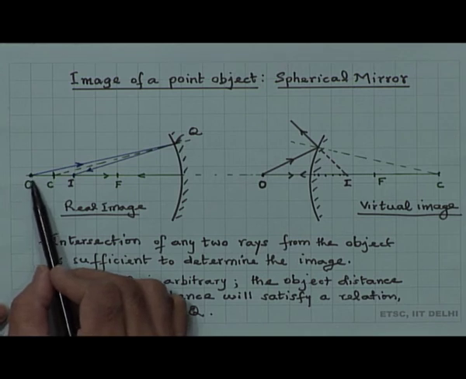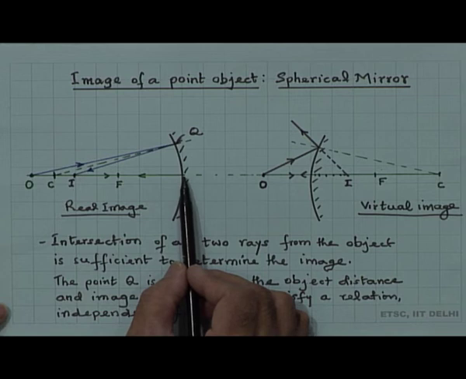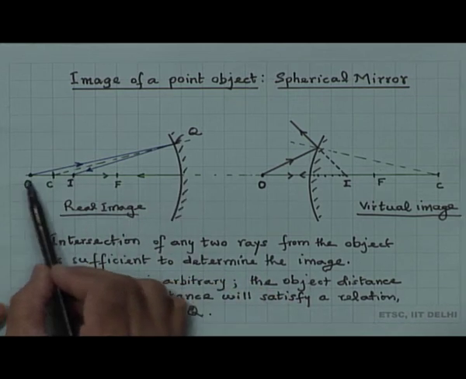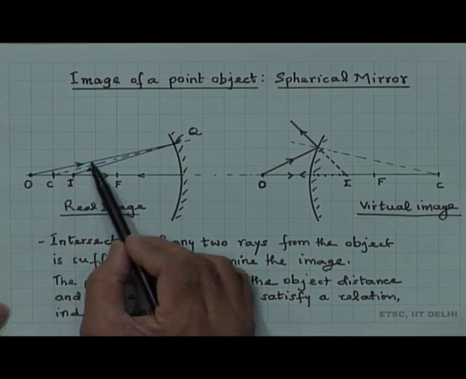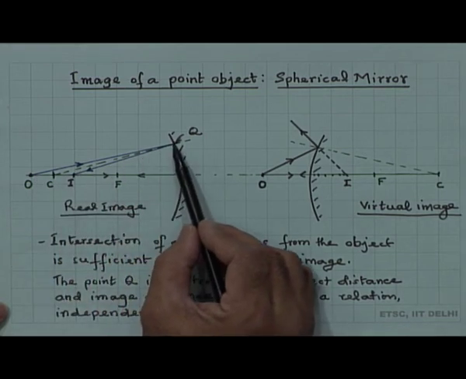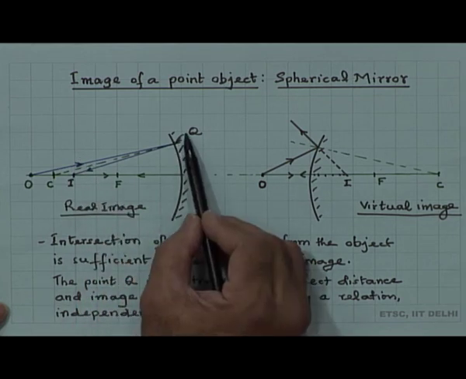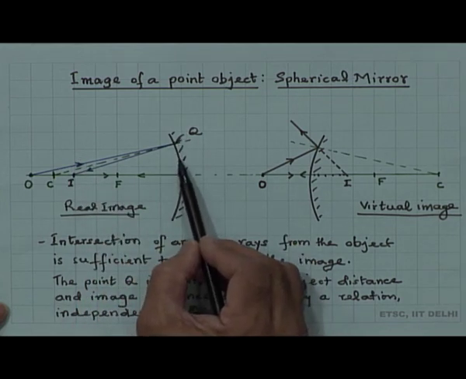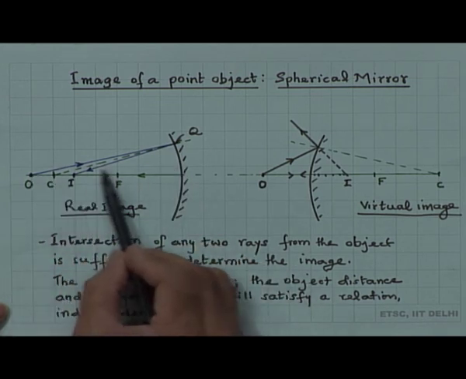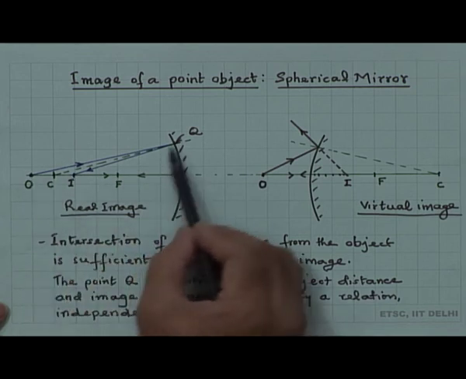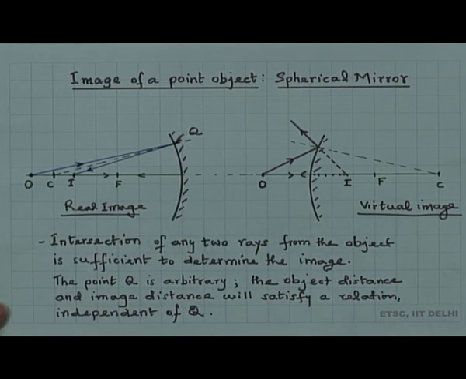One ray is travelling along the principal axis, and we have already seen that it will be reflected back along the same direction. Another ray is propagating in an arbitrary direction, that is, this point Q could have been here as well, in which case I have to join O to Q. So, that will be the ray path OQ, the incident ray path on the mirror.